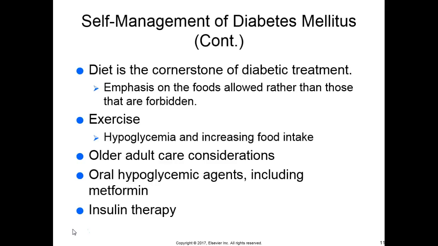Okay, and then there's insulin therapy, and that can be prescribed for patients who have either type 1 or type 2 diabetes. The goal of insulin therapy is to closely simulate insulin that's produced by the pancreas throughout the day.